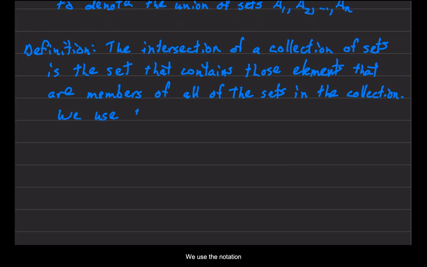We use the notation A1 intersect A2 intersect ... intersect AN is equal to the intersection from i equals 1 to N for Ai.